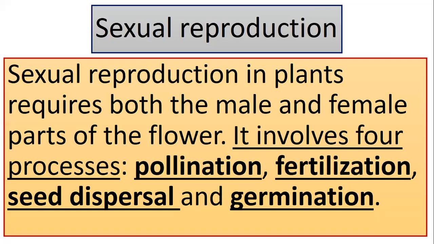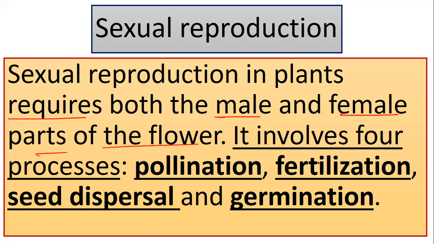And sexual reproduction. Sexual reproduction in plants should have male and female parts of the flower. It involves 4 processes. I want you to write the 4 processes.